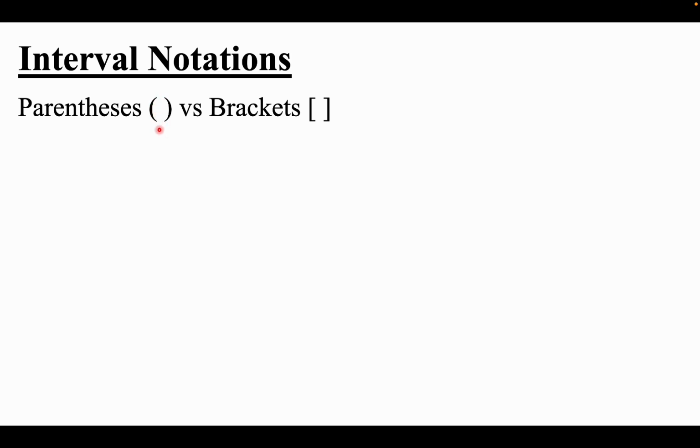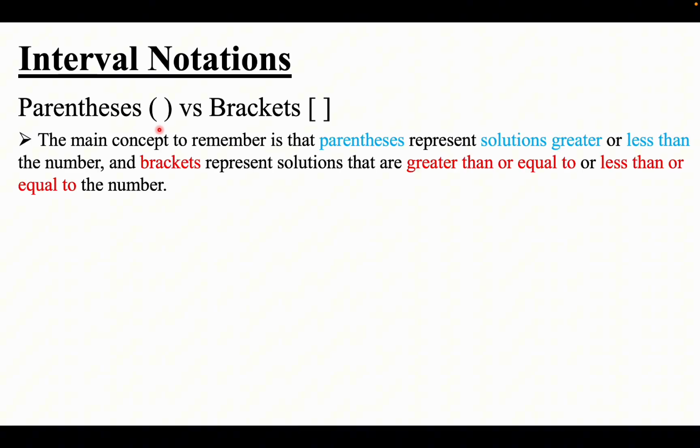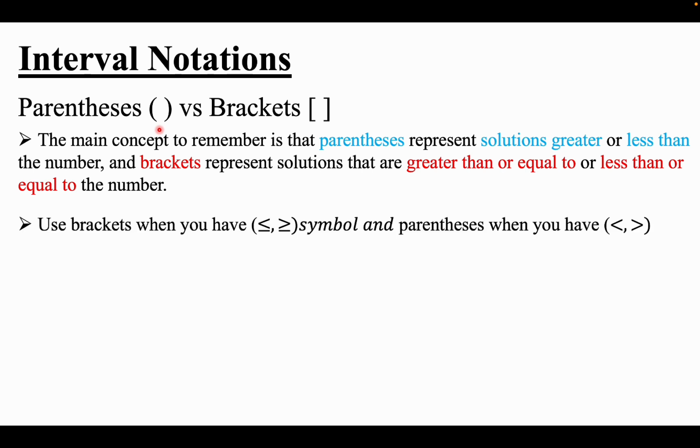And this would make more sense when we look at an example. So the main concept here is that parentheses represent solutions that are greater than or less than the number, and brackets start at those numbers, greater than or equal to or less than or equal to, basically.